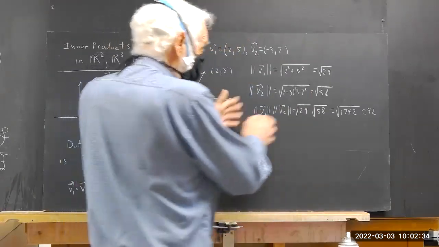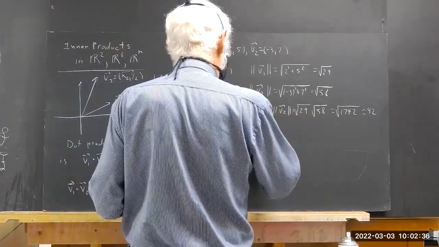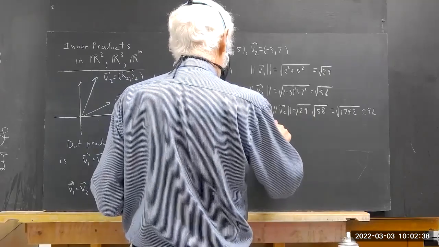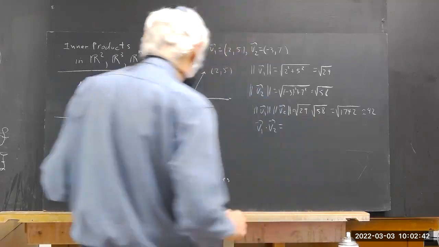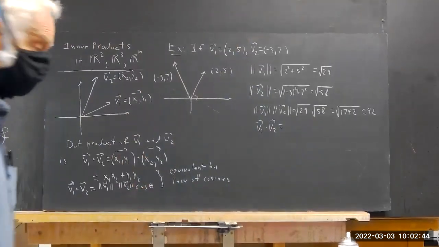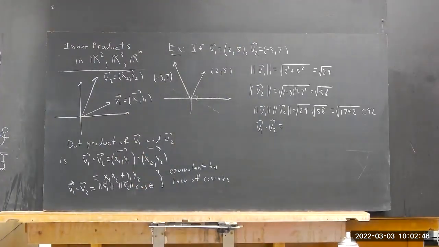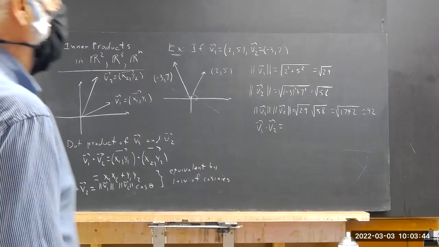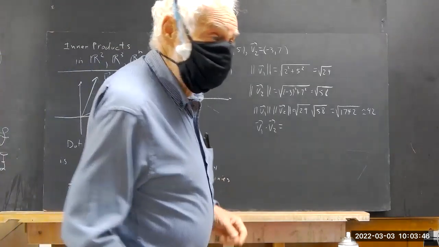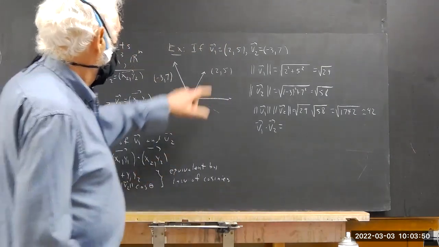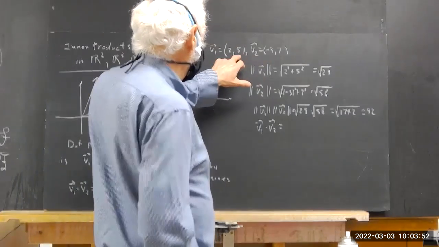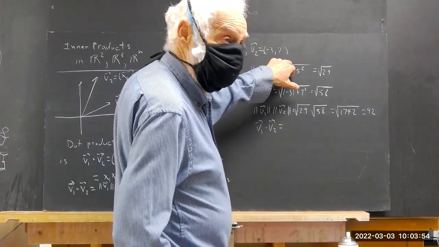Okay. Now V1 dot V2 is, by the definition... well, tell me, what's V1 dot V2? Okay, I knew you'd get it. It's, by the definition, 2 times -3 plus 5 times 7, right?